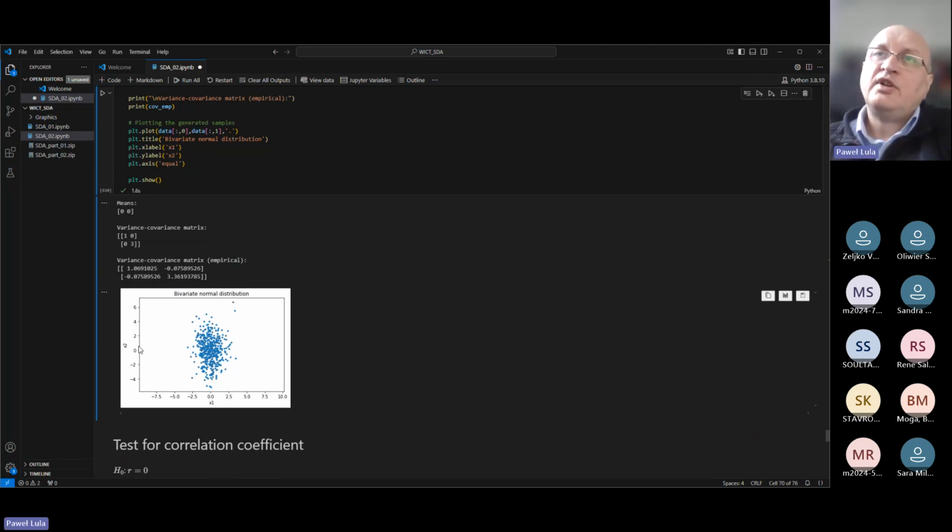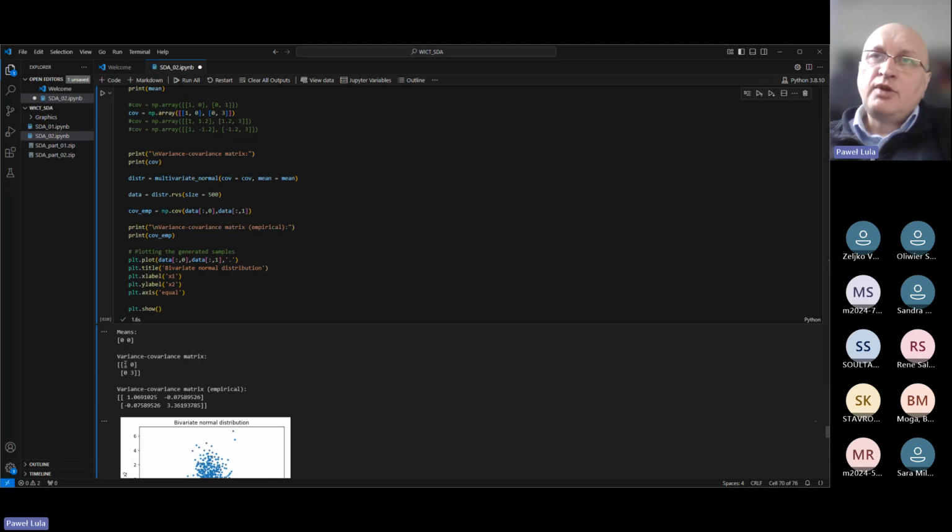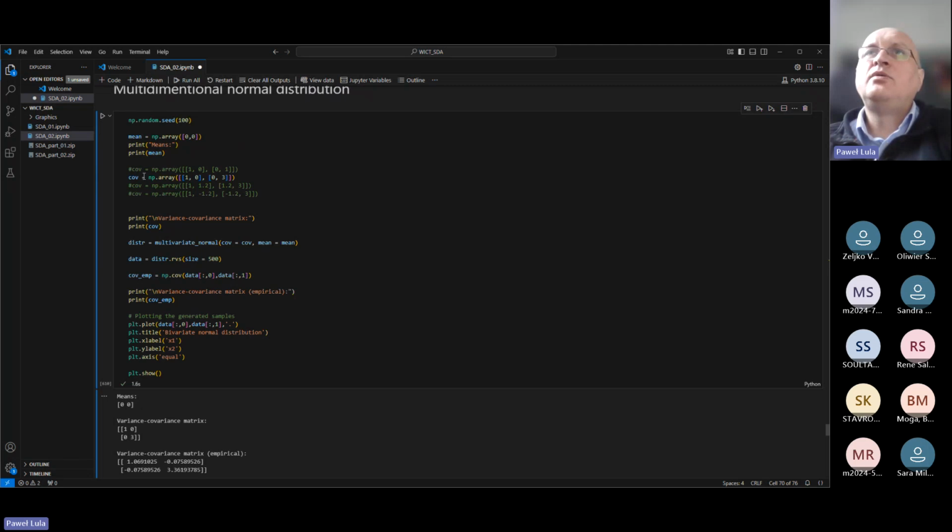We see that for y the value is bigger, and now this data set has a different shape. Here we have variances, and I think that you know how to interpret them. But now, covariances.